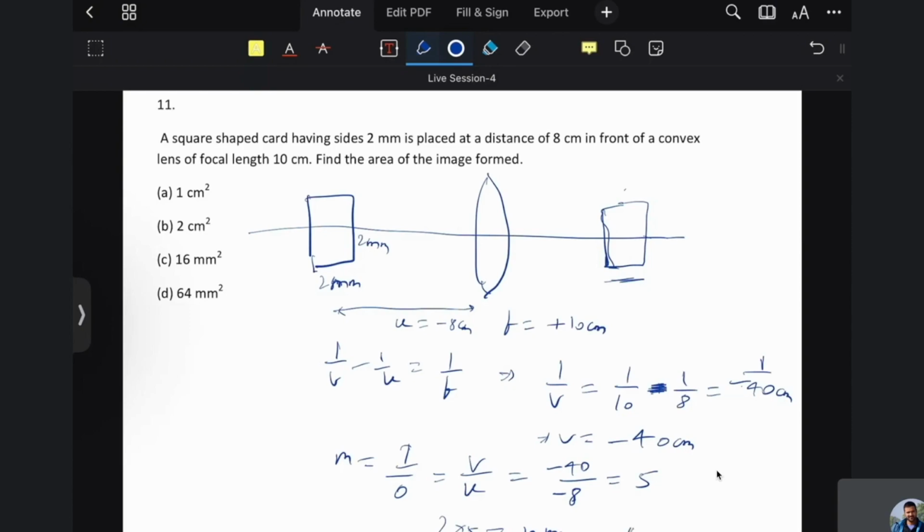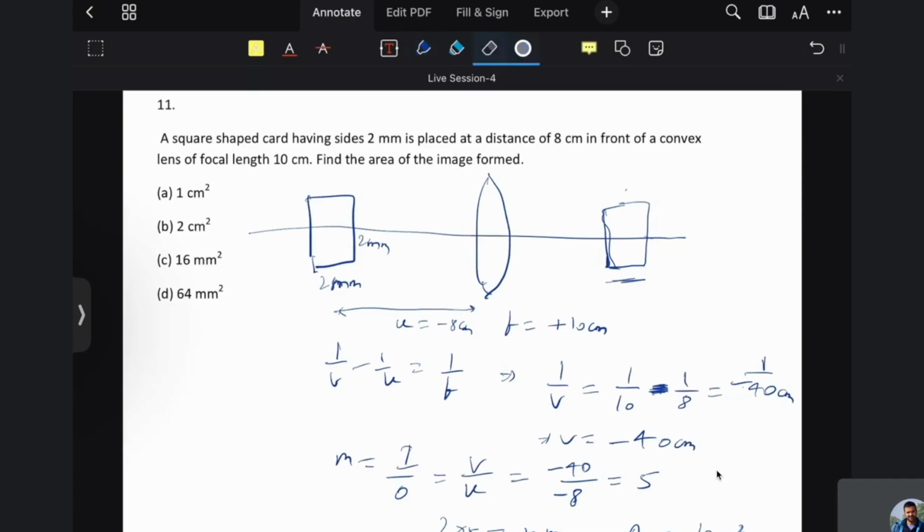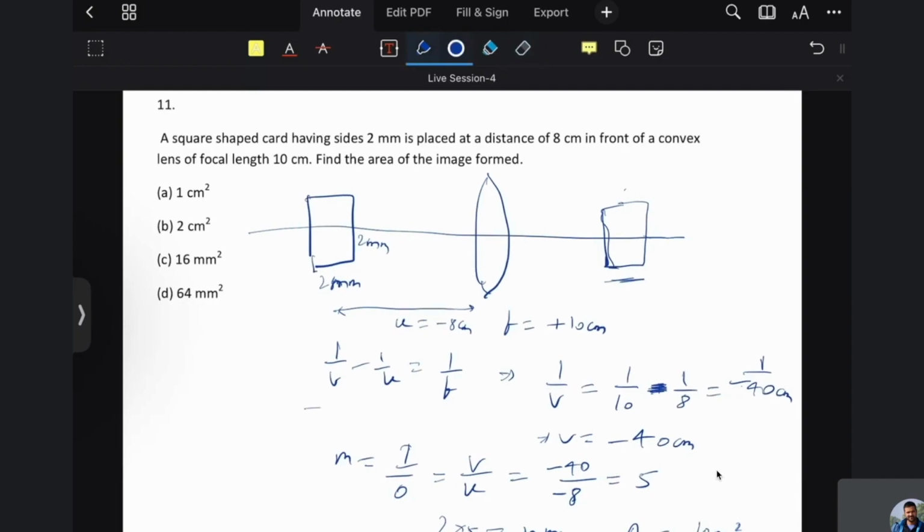And the area will be simply 10 mm by 10 mm, 100 mm square, and so in centimeter you can write it as 1 centimeter square. Correct? So you have to use this thin lens formula and the magnification formula to calculate this. It is also a simple problem. Is it okay?